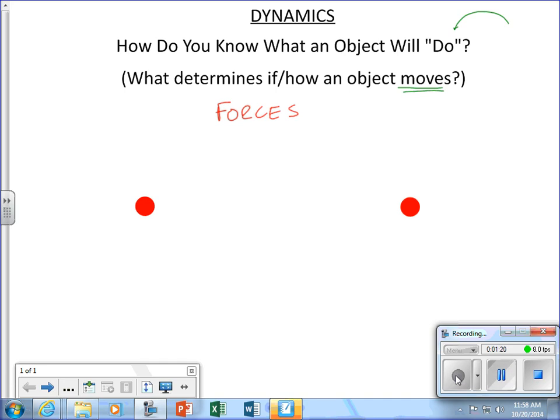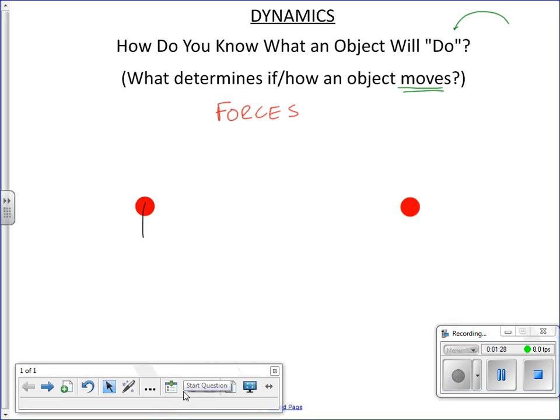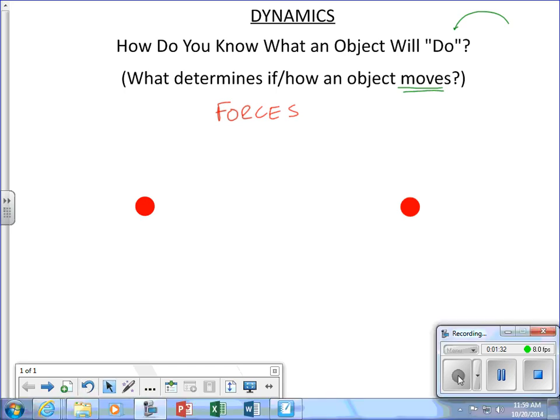So we're going to look at a bunch of cases, and one of them is this. Let's say case one. Here's an object, and let's say that there is a force acting on it like that.